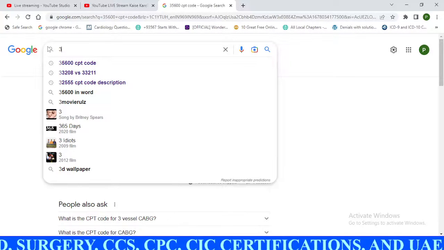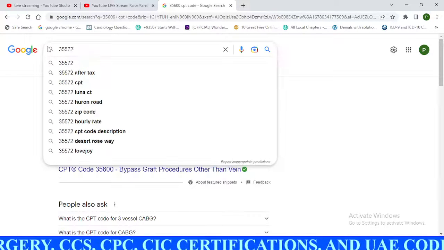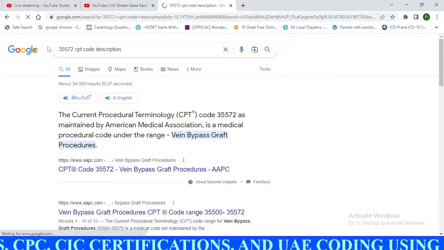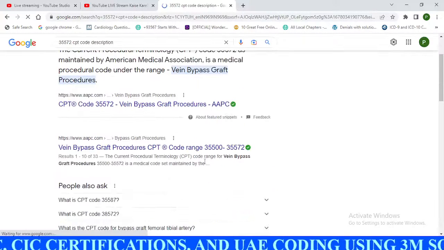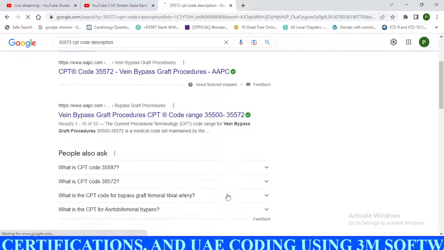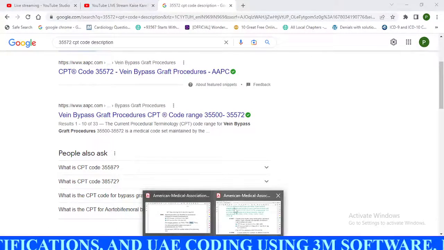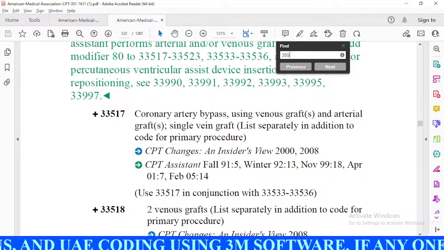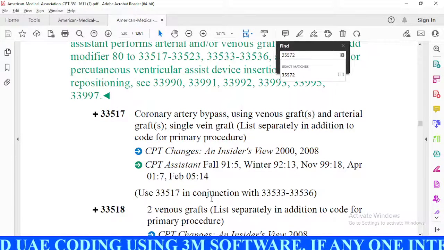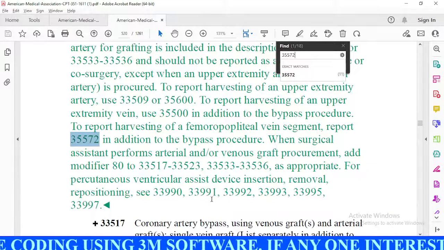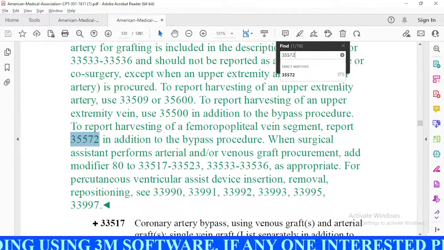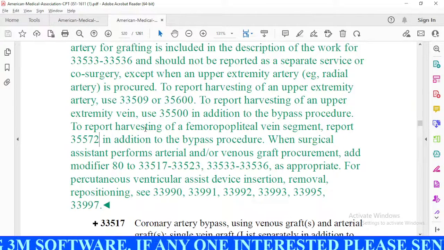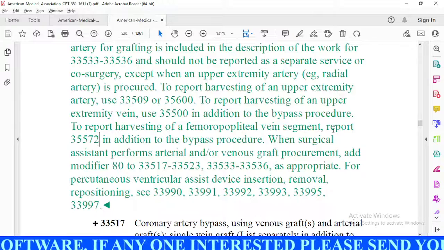So what is 35572? We'll check in the book. See here, if you see in the guideline, we have to report harvesting of a femoropopliteal vein segment.